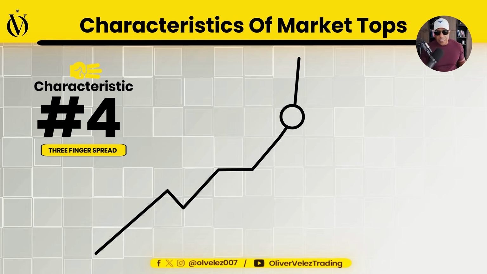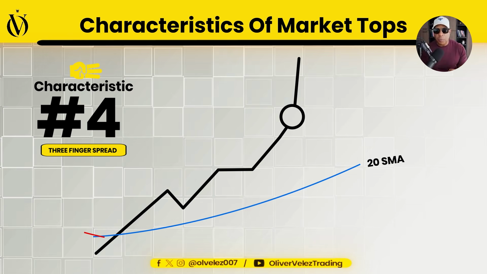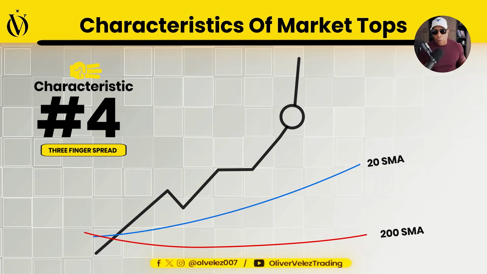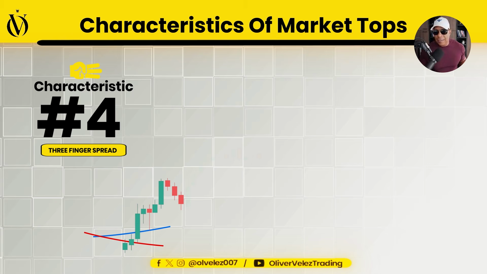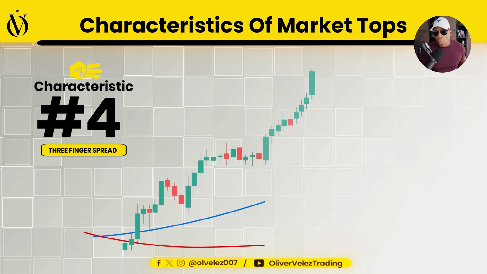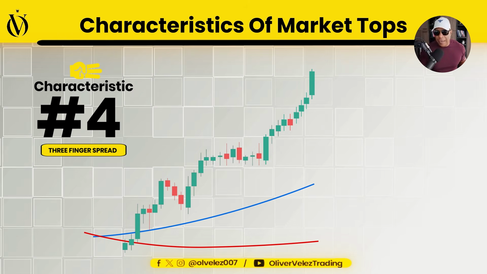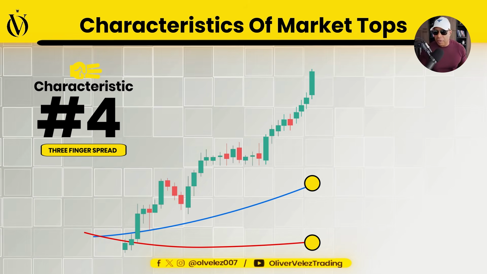So what is this? This involves the 20-period moving average and the 200-period moving average of your item. Now, when your stock leaves the moving average in the dust, so when it starts to just skyrocket away from the nearest one of these two, you create what I call the 3-finger spread.